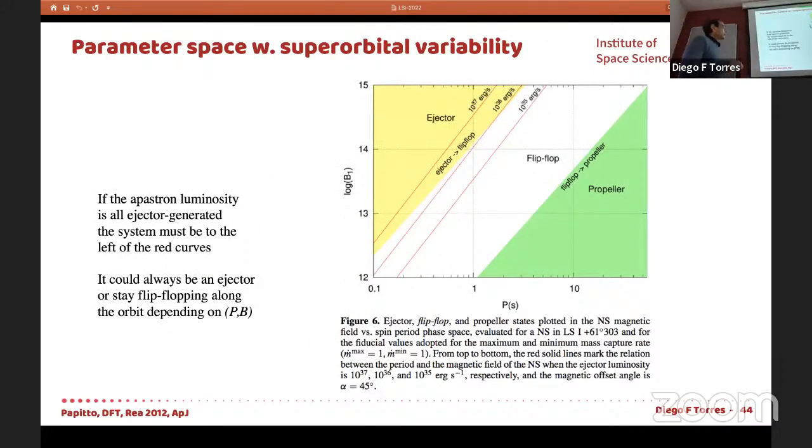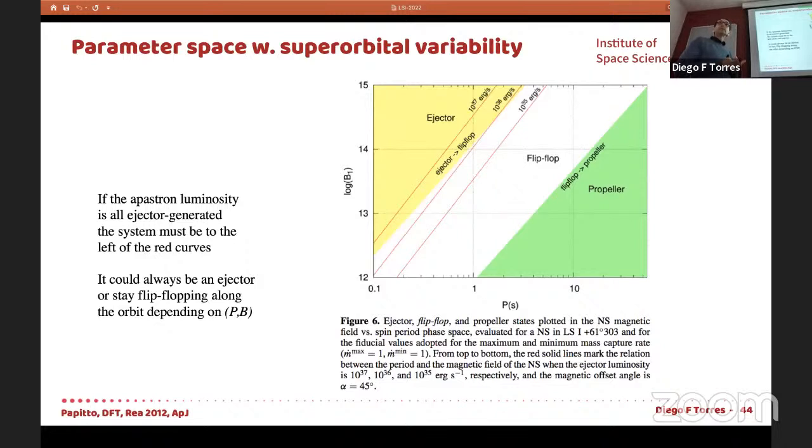Another way of looking at this is plotting the magnetic field as a function of the period, the surface magnetic field of the neutron star, and saying that if the apastron luminosity is all pulsar generated, the system must be to the left of the curves, right? Because we are seeing a lot of luminosity coming from apastron, more than 5 times 10^35 ergs per second.